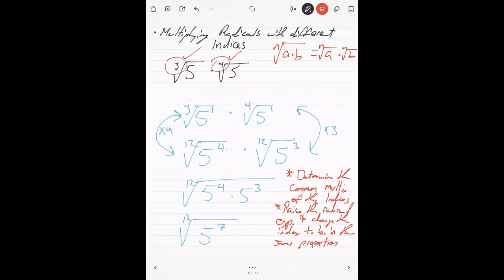Now, with them in the same proportion, we're able to go ahead and multiply. Multiply as normal.